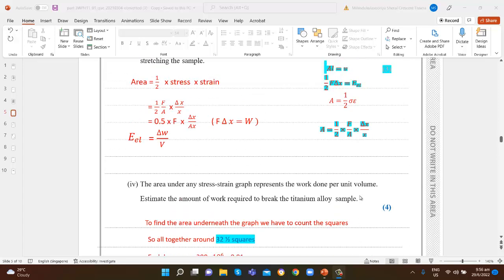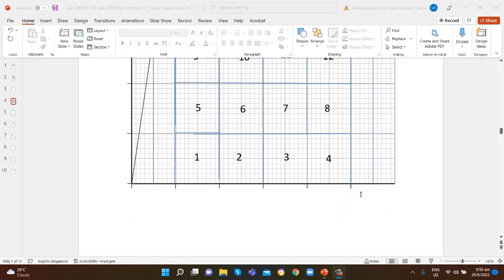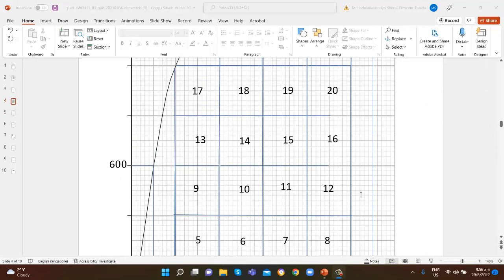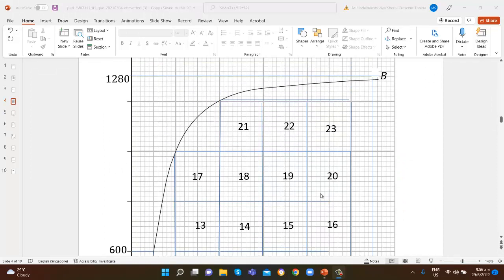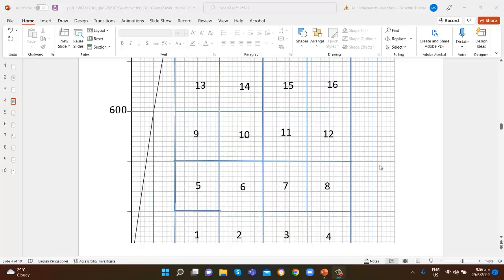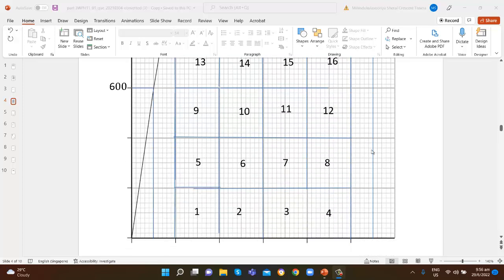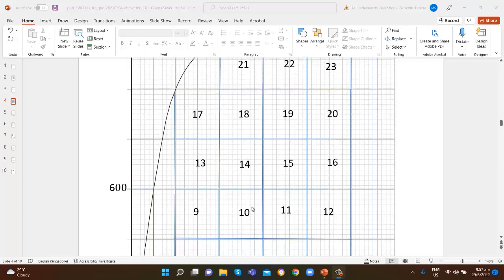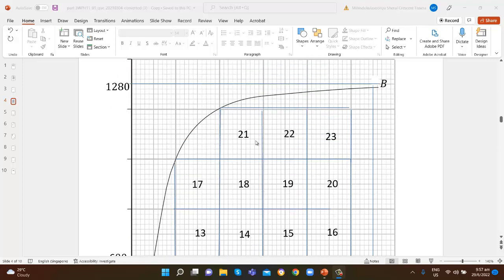It is not a fixed shape, it's a curved area. So it is better to count the whole squares. I will teach you an easy way to get the area of a curved area. Count the whole squares and number them all. Altogether you are getting 23.